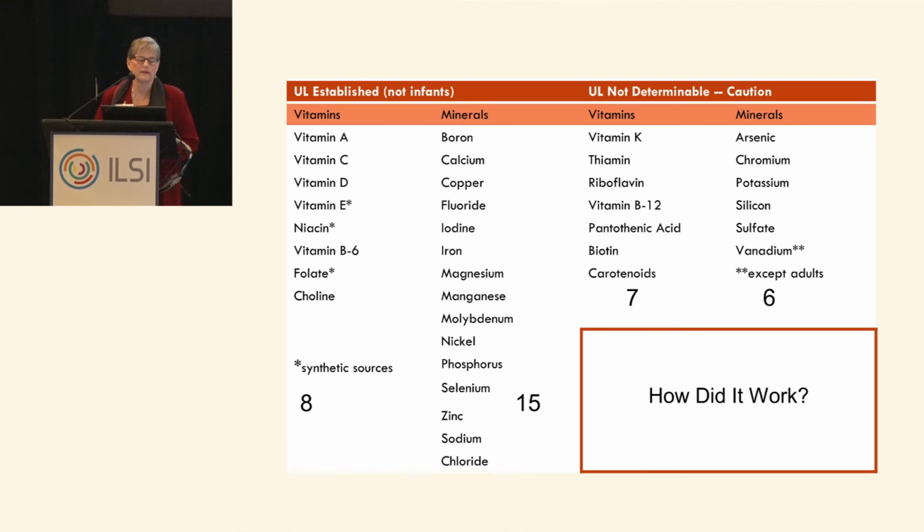And they made the point that even though they didn't set a UL, one still needed to be cautious. For 3 of those, vitamin E, niacin, and folate, the UL was set based on synthetic nutrients, not the amount in food.